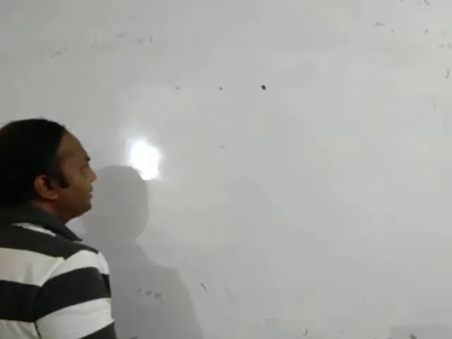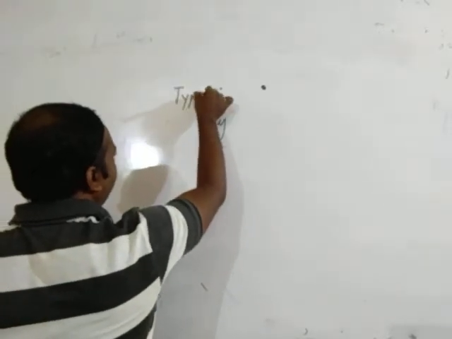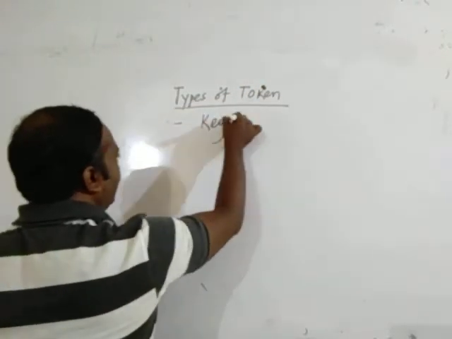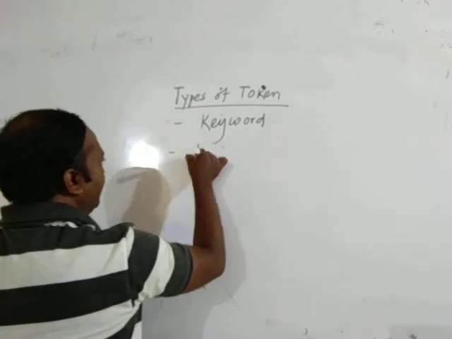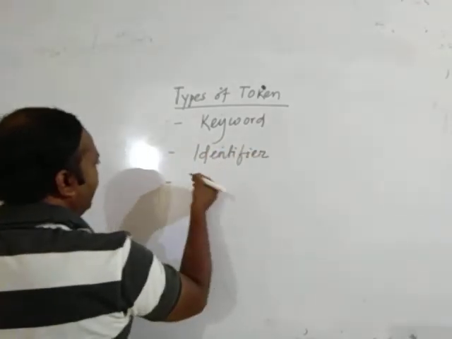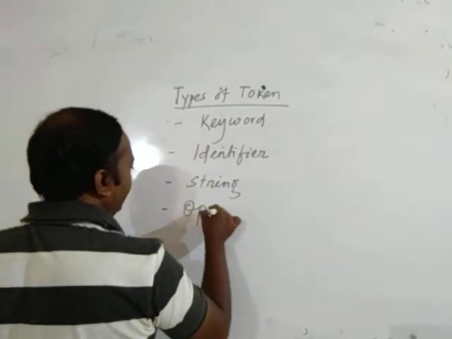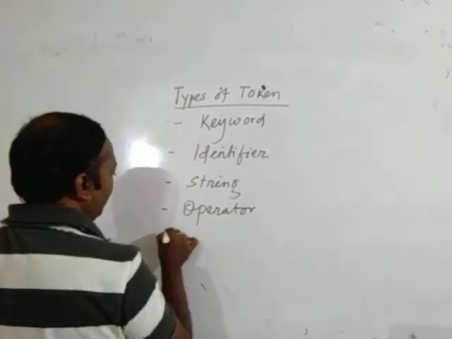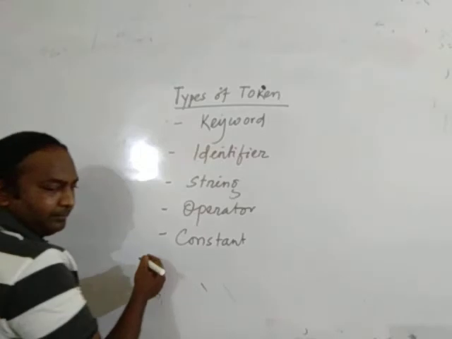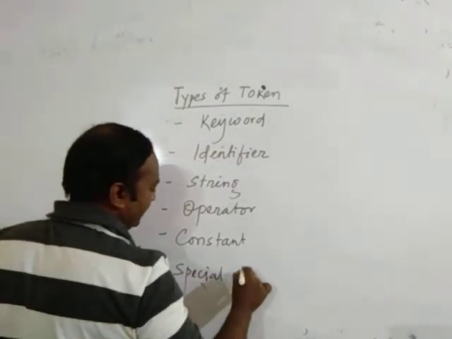So there are different types of tokens. The types of token are: keyword, identifier, string, operator, constant, and special symbols or special characters.